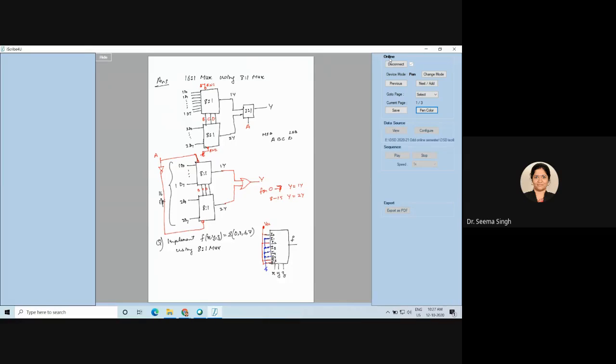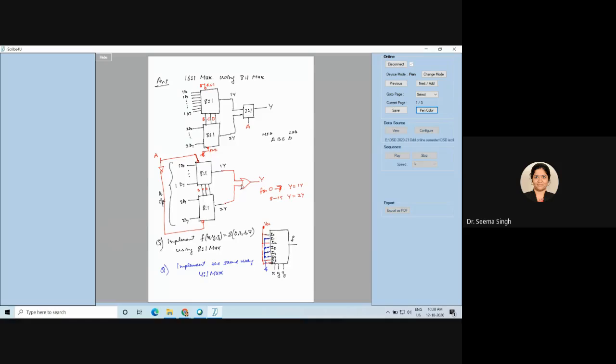Now the logic comes. If I want to implement the same question using a 4:1 mux now, here comes the trick. Now you have to tell me what I should do and how the connection should be.